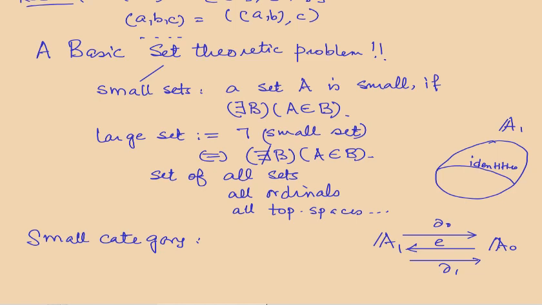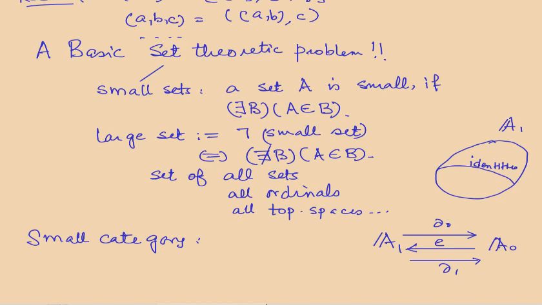So the number of morphisms is large, A1 is large, but A0 is small, it's a singleton. So you can have categories in which the number of morphisms is huge, but not too many objects.